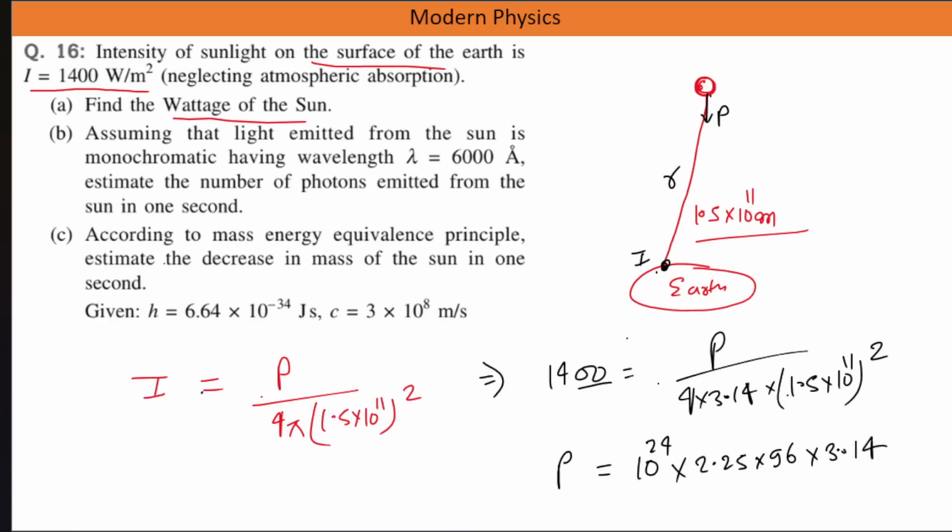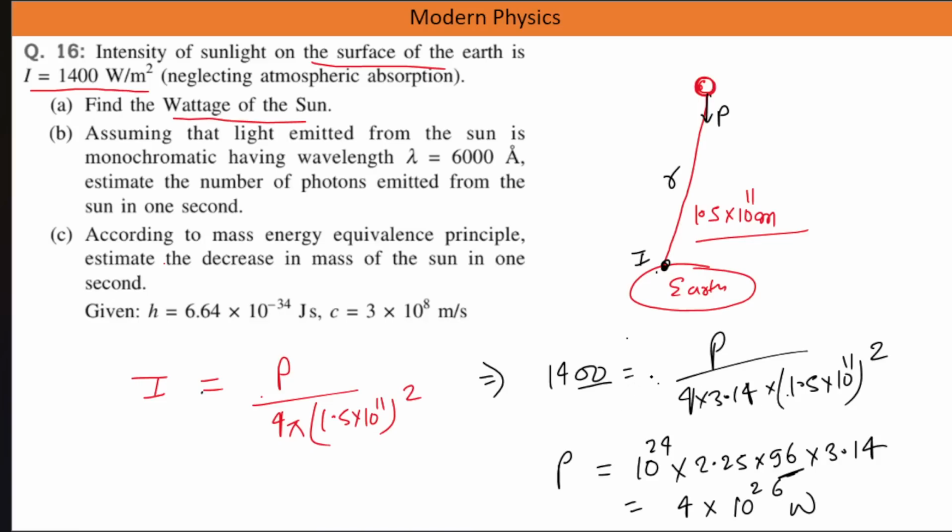So if you see carefully, 96 is approximately 100, not exactly, but approximately. And then in that case, power will almost reach up to 10 to the power 26. It feels like. So it is approximately equal to 4 into 10 to the power 26 watt.